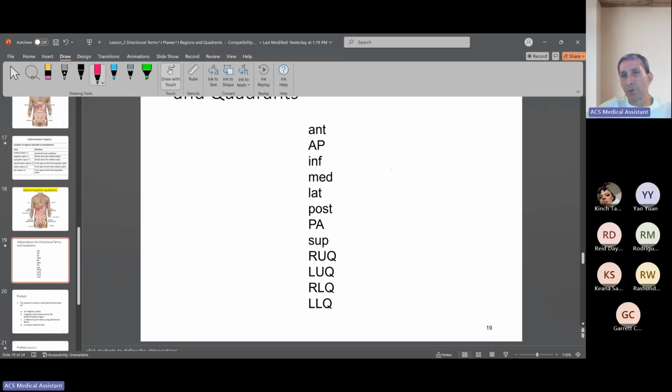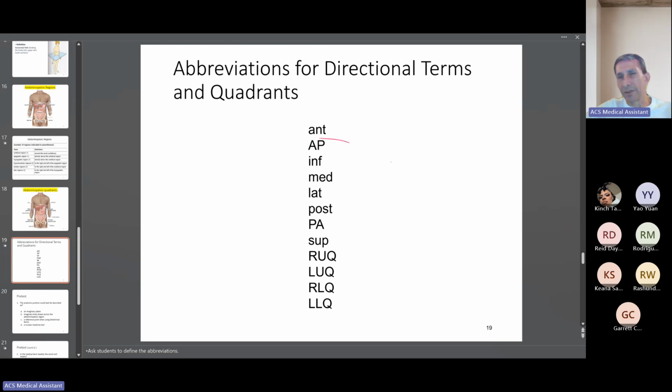Let's start with the first one: ANT or ante, anterior; AP, anterior posterior; INF, inferior; med, medial or median; lat, lateral; post, posterior; PA, posterior anterior; and sup, superior. It's not the soup that we eat, because that would be the wrong spelling.